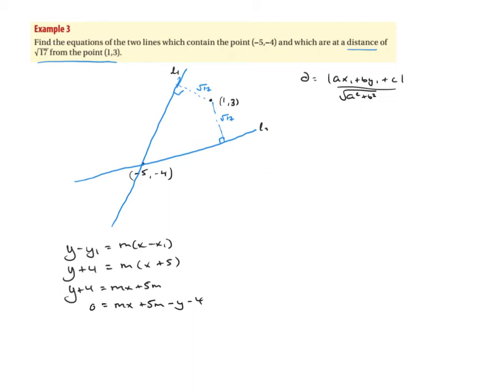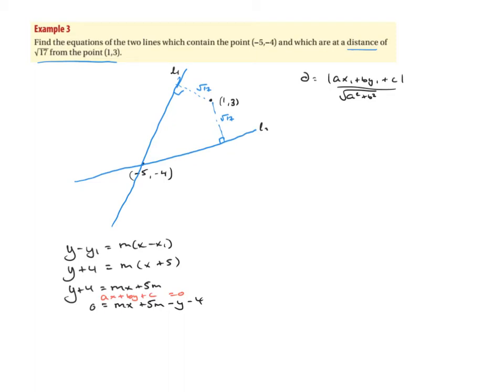And I'm looking to get it of the form ax plus by plus c is equal to 0, so I can put it into this formula up here. Okay, so there's my x's, there's my y's, and that doesn't have an x or a y on it, so that must be my c.